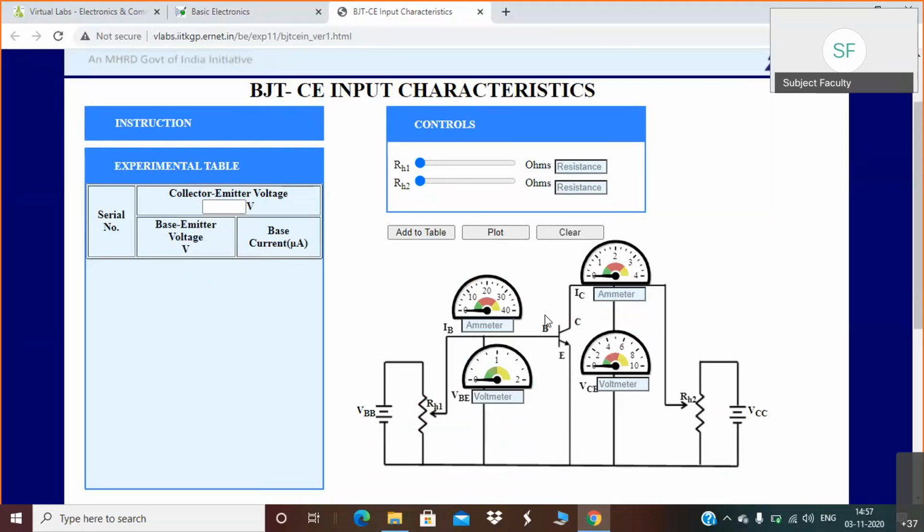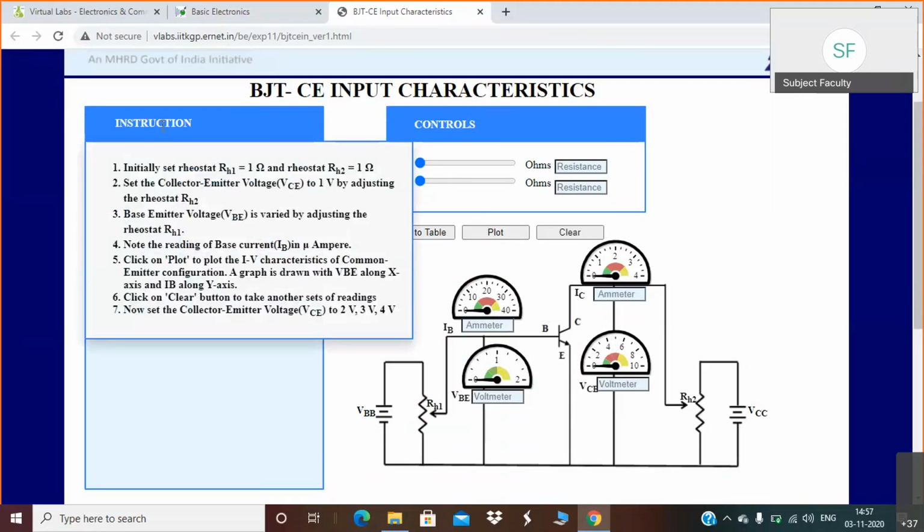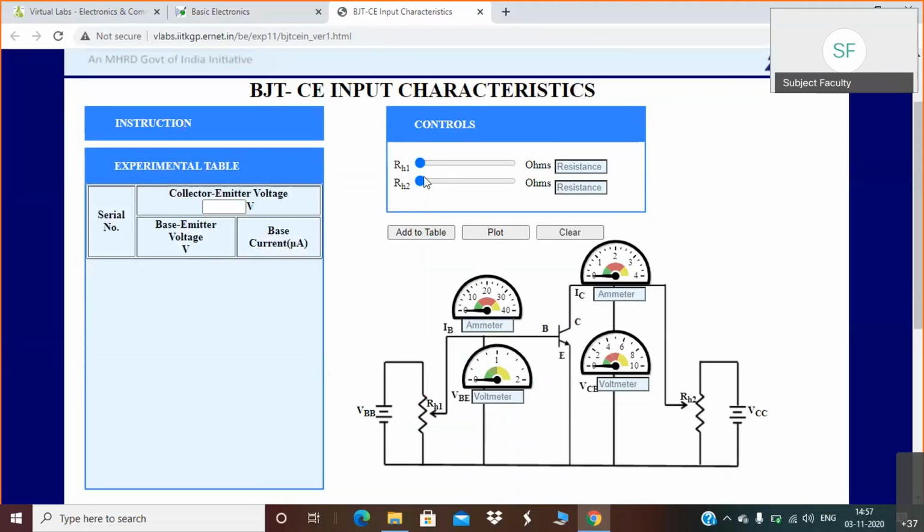But what you have to make sure is the instructions also. If you are having any problem, then you can simply go to this instruction tab. You can read what is the first instruction. Initially set rheostat RH1 and rheostat RH2 at 1 ohm. Here you can observe two controls are given to you, rheostat RH1 and rheostat RH2.